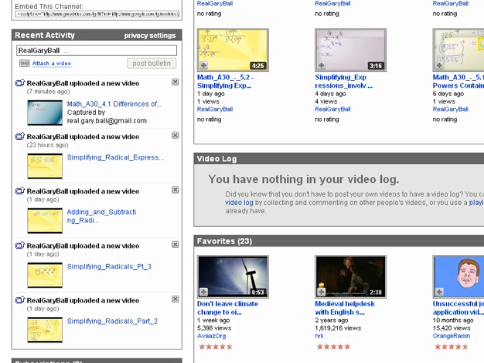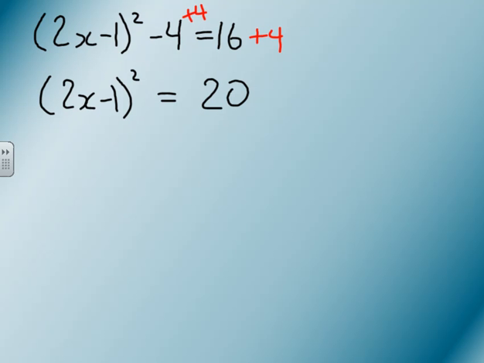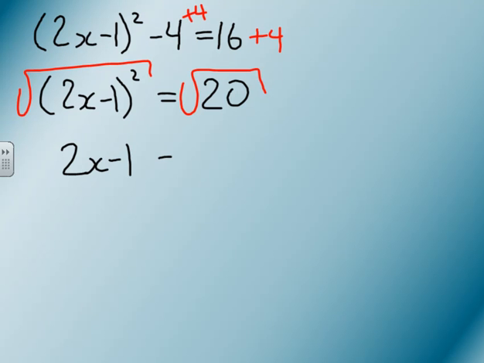Now, to get rid of that square, I'm going to take the square root of both sides. So I end up with the square root and the square cancel each other out. So I now have 2x minus 1 equals plus or minus the square root of 20.